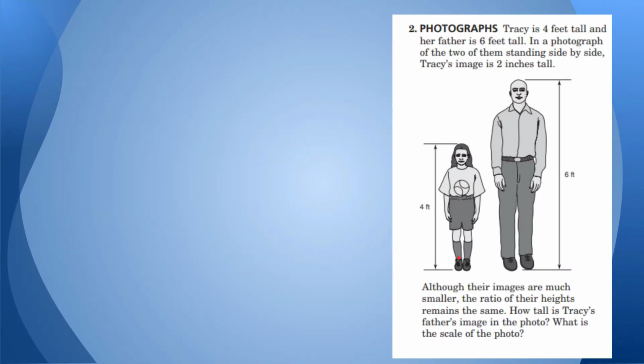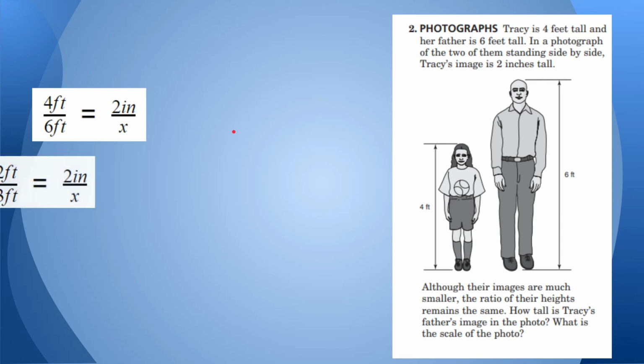All right, so putting that over to the side here, we can determine with our proportion: 4 feet over 6 feet equals, and they give us the height of Tracy in the picture as 2 inches tall. And here's X, which is what we're looking for, the height of her father in the picture. So we can simplify 4 over 6 to 2 over 3.